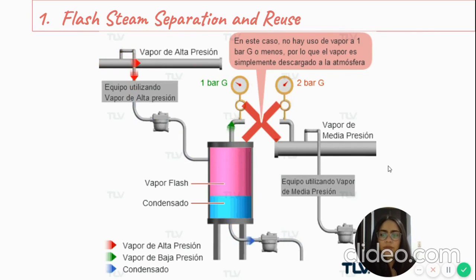In the installation of a pressurized flash or flash separation tank, the flash tank recovers condensate discharged from the steam traps and allows the steam to be diverted into a low-pressure line for reuse in other processes that require it.